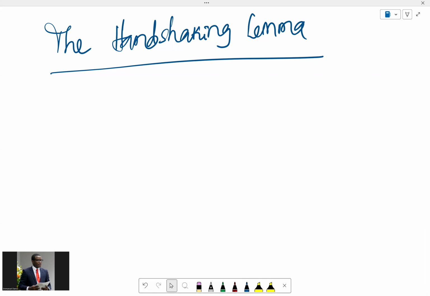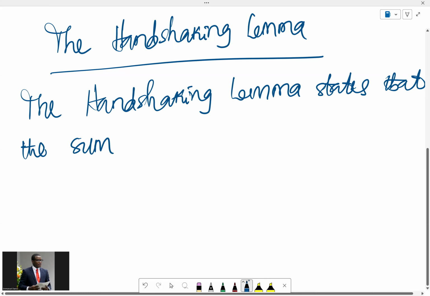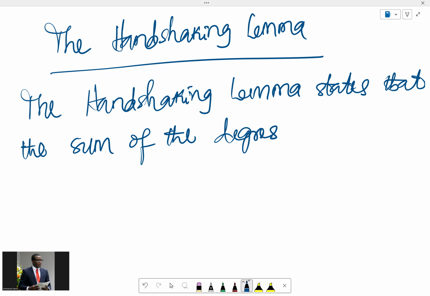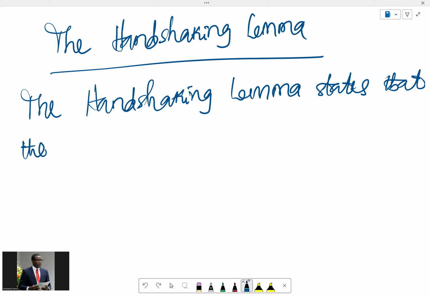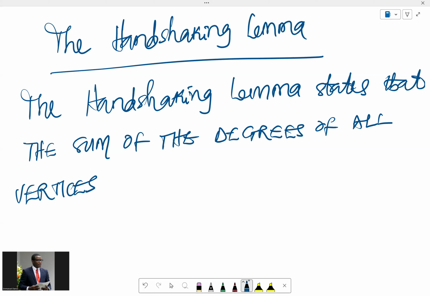Basically, the handshaking lemma states that the sum of the degrees of all vertices in a graph is twice the number of edges.